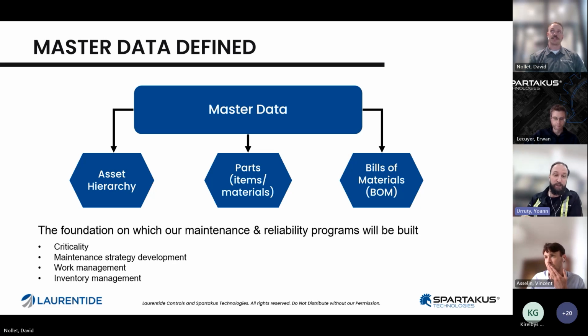Without master data, you don't do work management. You don't plan, schedule jobs, because in the first place, it's going to be very difficult for you to identify and open up a work order if you don't have the right assets. Typically, one of the struggles we see is that someone will create a work order into a CMMS, and that person will not assign the work order to a specific functional location or asset.